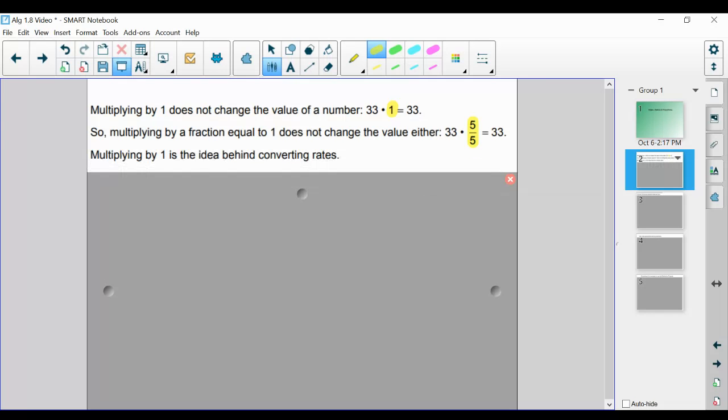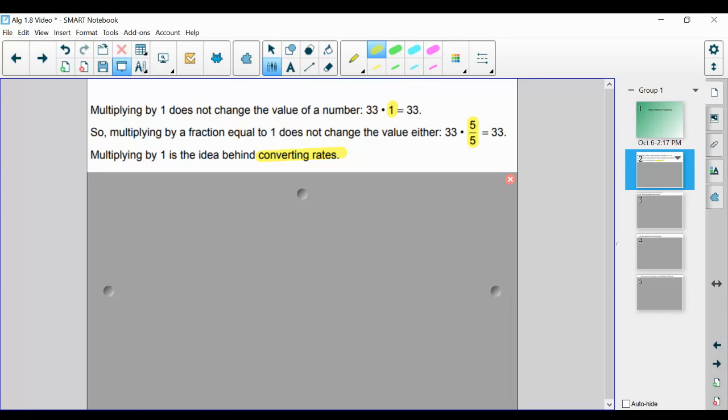So multiplying by 1 is the idea behind what is called converting rates. And you might have heard rates before, like miles per hour, dollars per hour, gallons per second, right? You might have heard these rates in your real life surroundings.